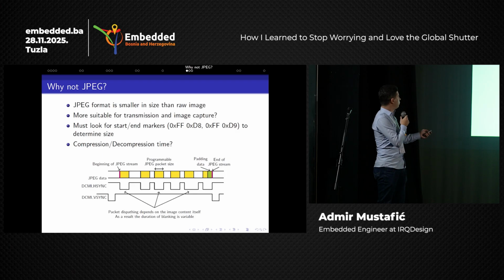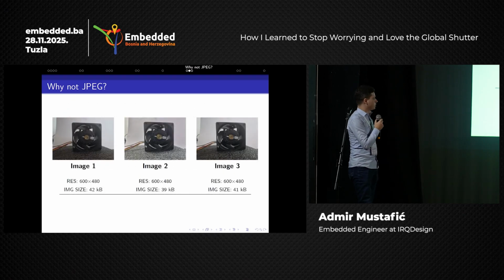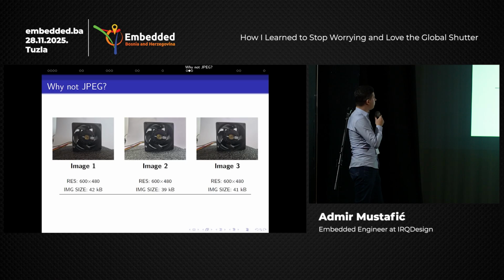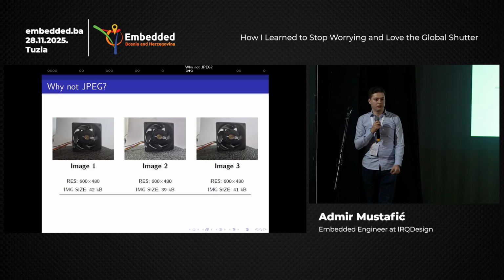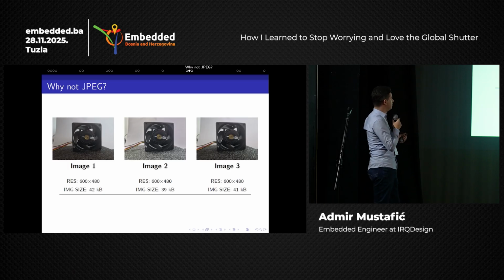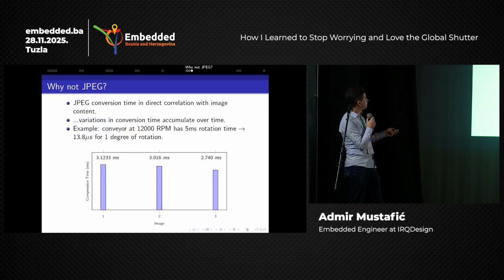So why not use JPEG? Well, let's look at these 3 images. These 3 images are very similar. They have the same resolution, and upon first inspection are pretty much the same. The lighting only is a slight difference, but let's look at their encoding times, their compression times to JPEG.